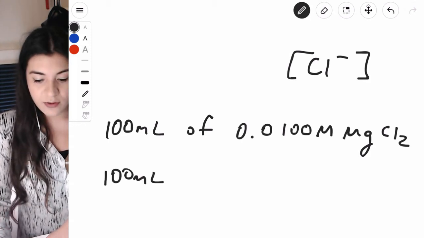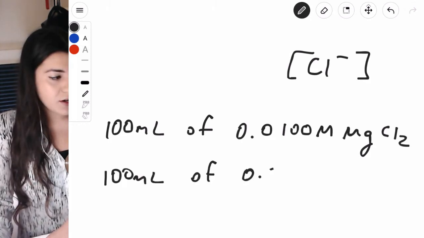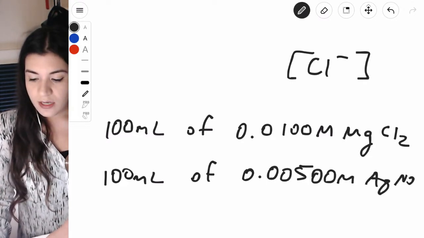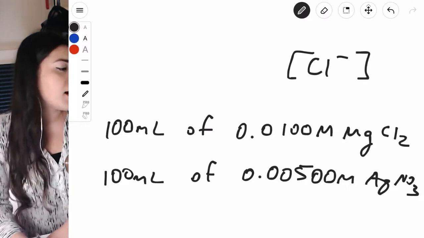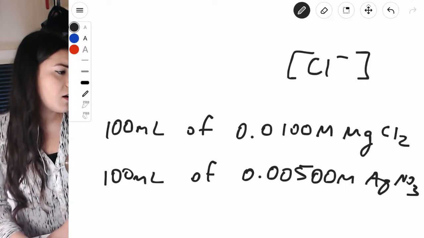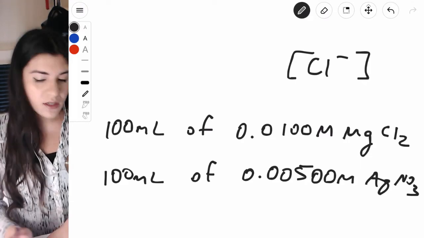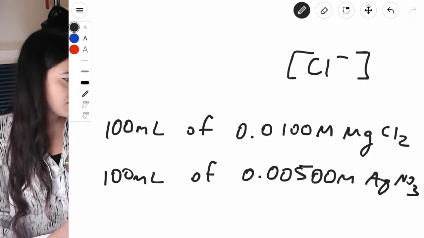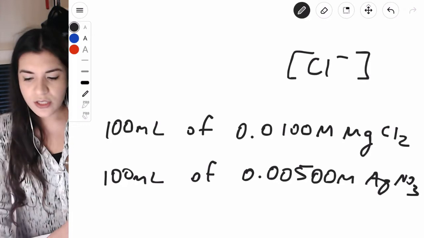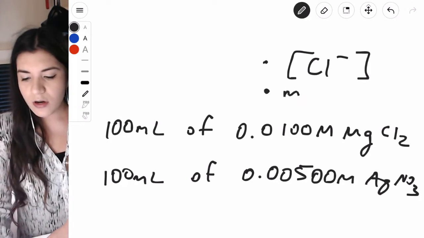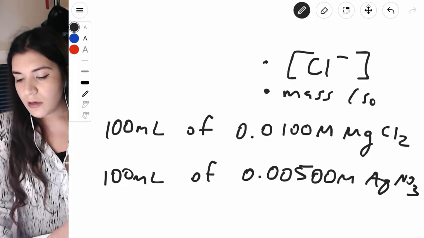So 100 mils of something else, another molarity. Okay, and then also determine the mass of our solid formed. Okay, so we're looking for multiple things. We're looking for the concentration of chlorine ions and the mass of our solid or precipitate.